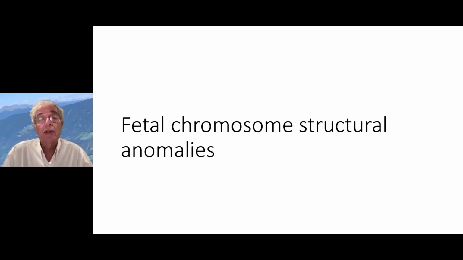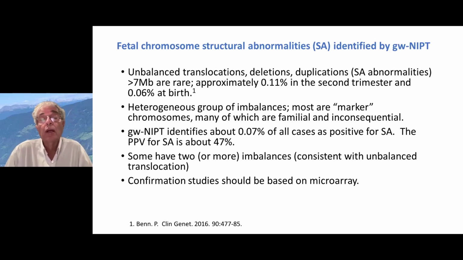And now we can turn to the next category here, which is the fetal chromosome structural abnormalities. So if you have a chromosome rearrangement, for example, in a parent, it could be segregating as an unbalanced karyotype, or it could be de novo.